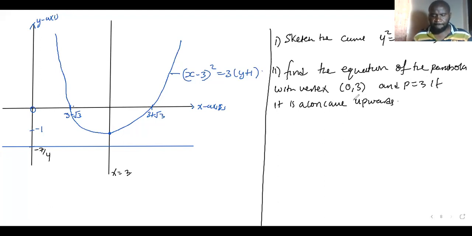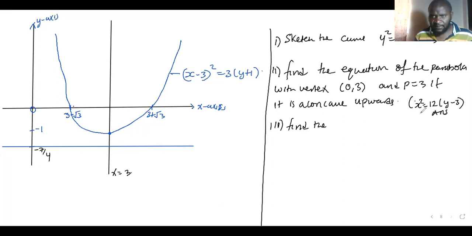Okay. Here is the answer, if you need it, but you try it. The answer is x squared is equal to 12 into y minus 3.